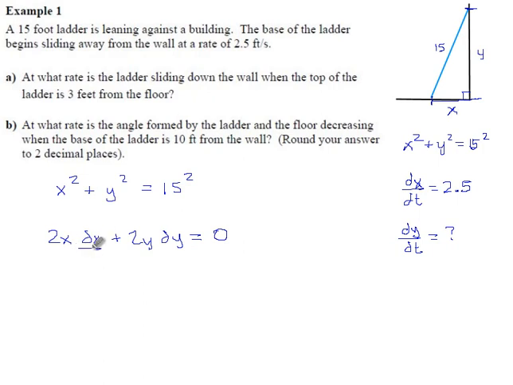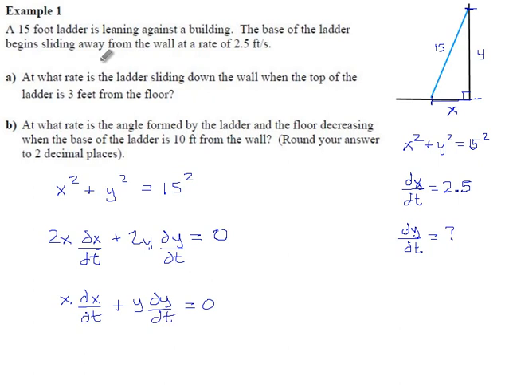And then if we divide the whole works by dt, 0 over dt is still 0. This is something we can solve. I'm going to divide it all by 2 just because I can. It'll tidy it up slightly. x dx/dt plus y dy/dt must come out to 0.